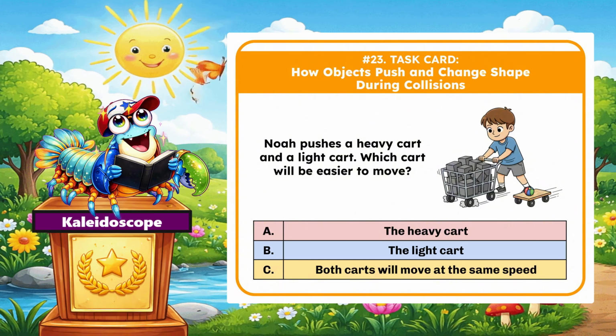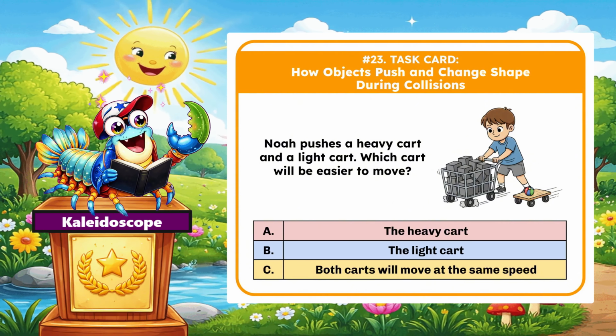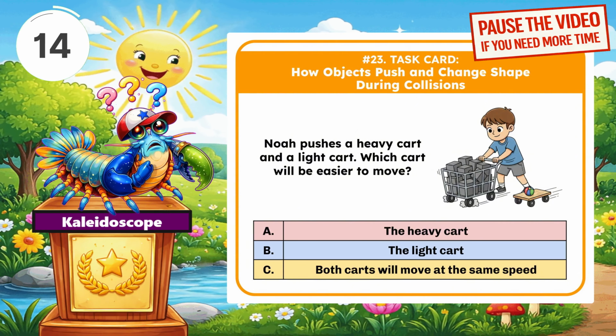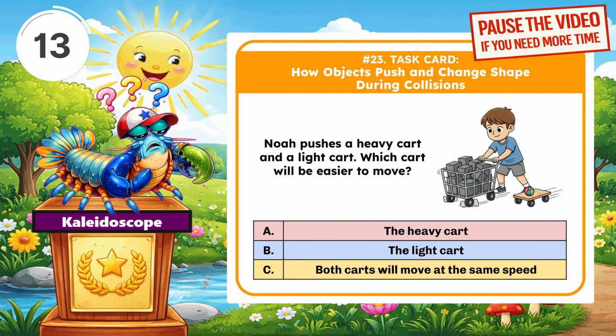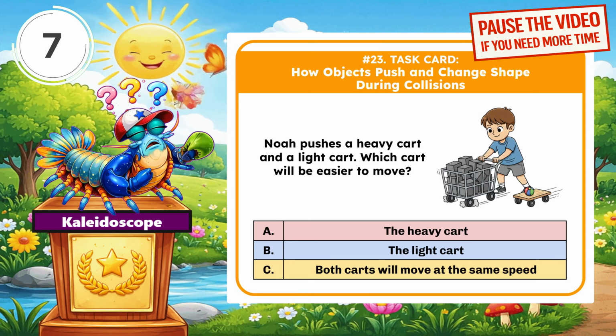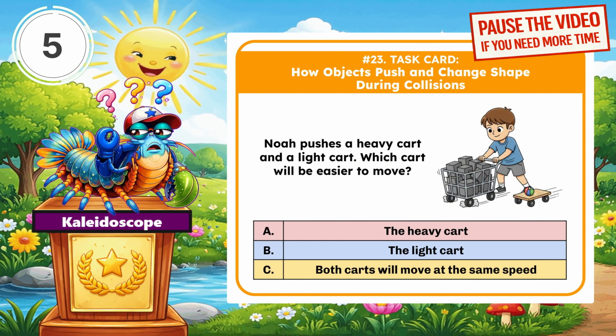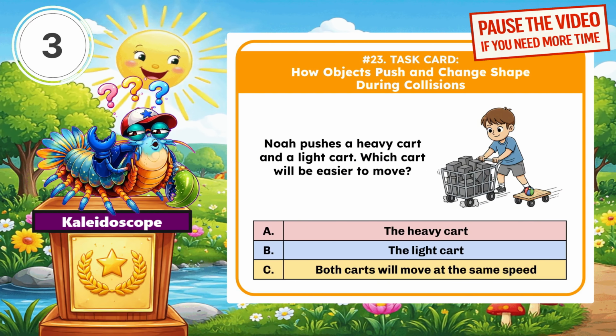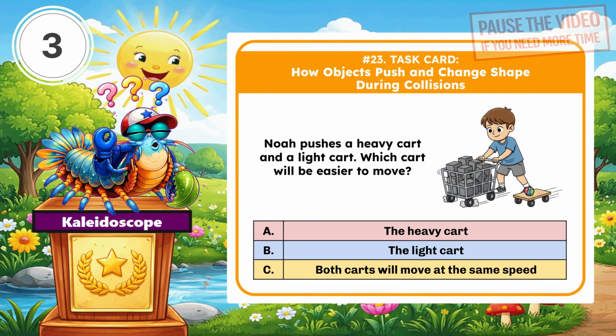Noah pushes a heavy cart and a light cart. Which cart will be easier to move? And the correct answer is letter B, the light cart.